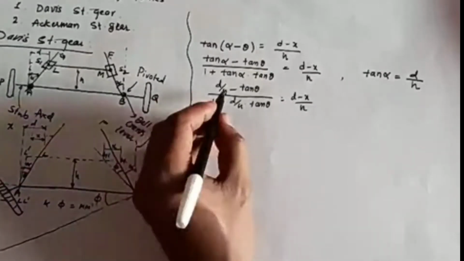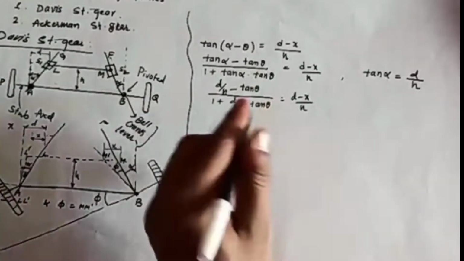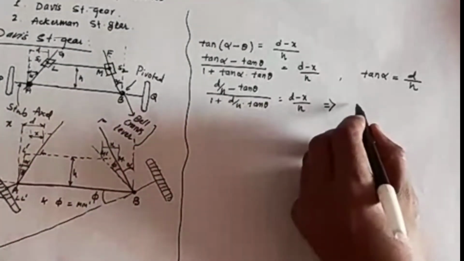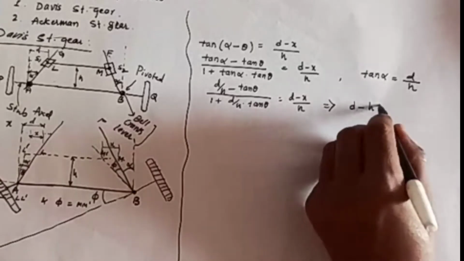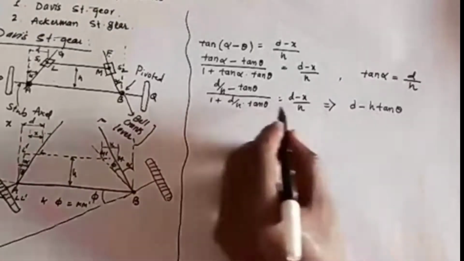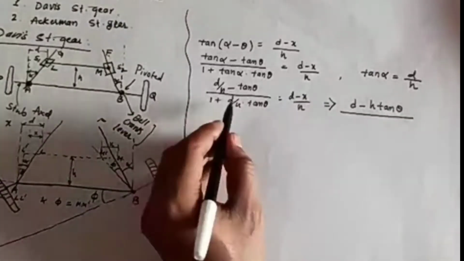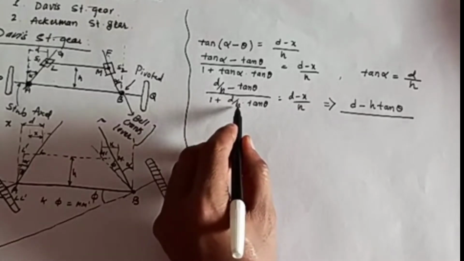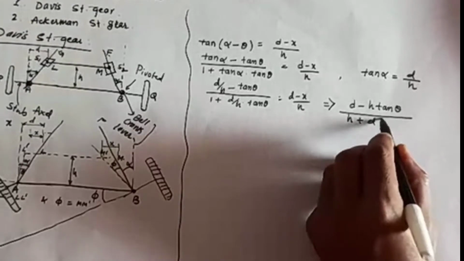Okay, so further, if we take the LCM in the numerator, it will be (d minus h tan theta) by h. Again, let us keep the h as it is, because if you take the LCM of the denominator, it will be (h plus d tan theta) by h.